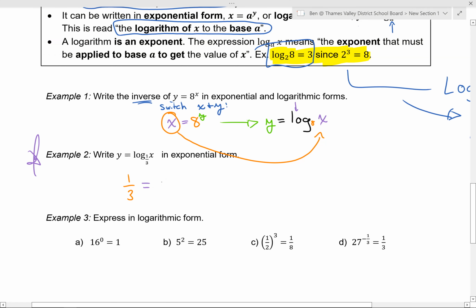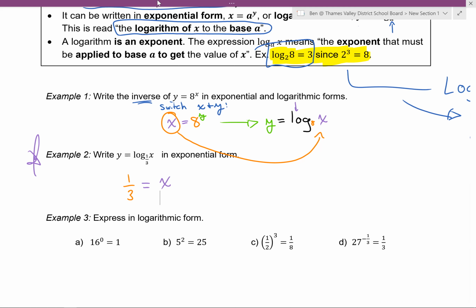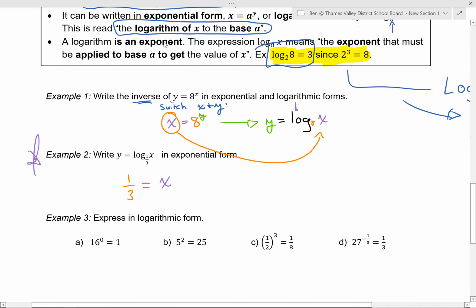So 1 over 3 equals x, and what's my exponent? I need two parts: a base, an exponent, and what they're equal to. My exponent over here was y. My exponent is in the same location there. 1 over 3 to the power of y equals x.